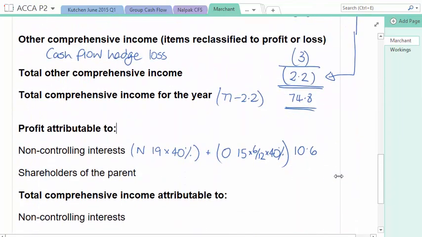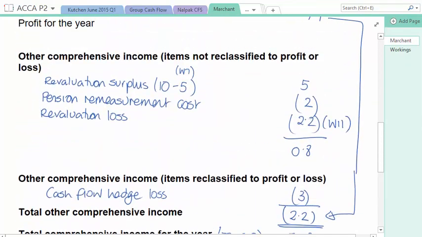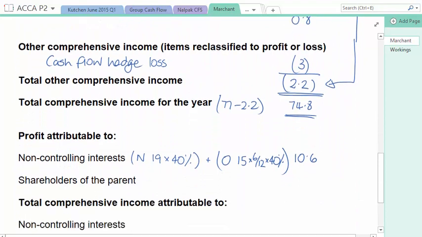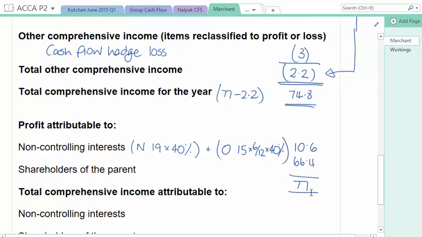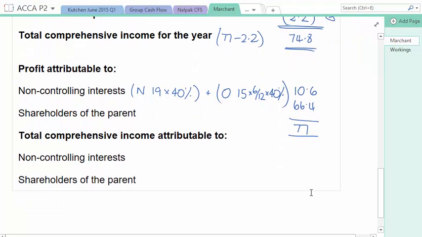Out of our profit of 77, the amount to the shareholders of the parent is simply the balance. So 77 minus 10.6 is 66.4. And when doing it on a total comprehensive income basis, we say that our total is 74.8.